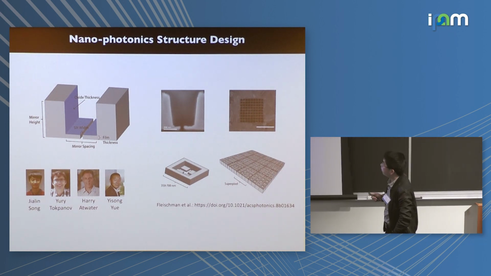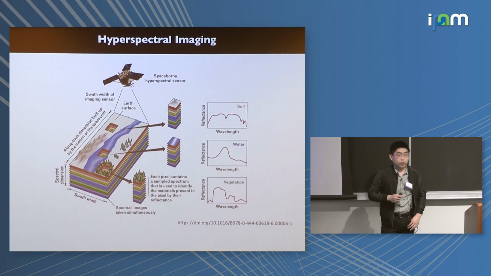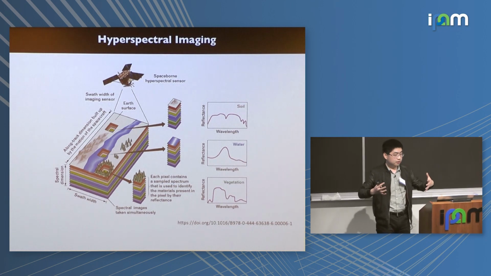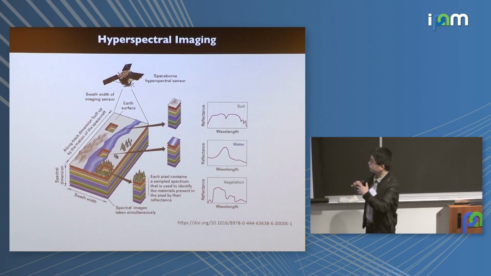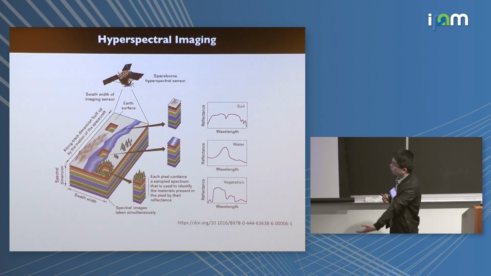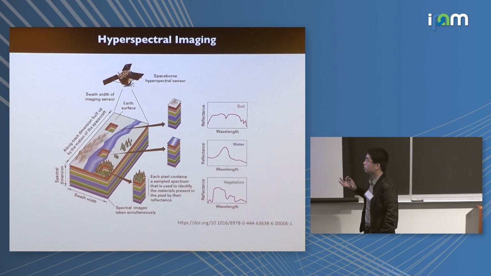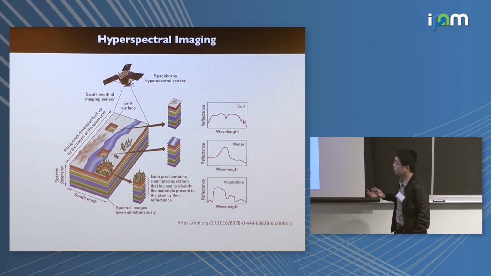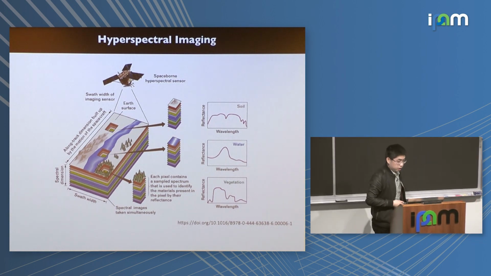The problem is specifically useful for hyperspectral imaging, where you build a camera, install it on a satellite, and take a photo of the Earth. Instead of 3 channels, we can have maybe 1,000-dimensional response channels for a particular image. So we do this hyperspectral filtering and imaging.